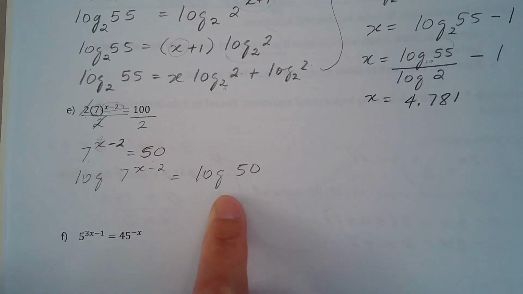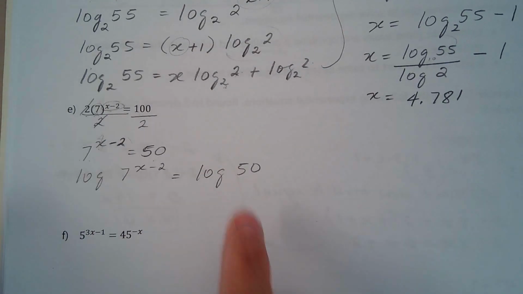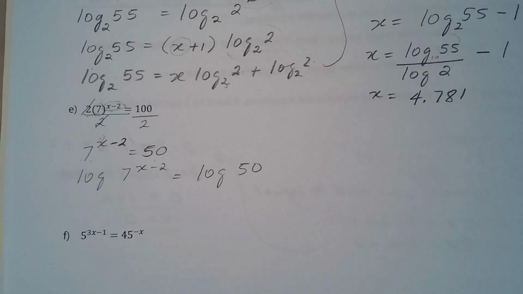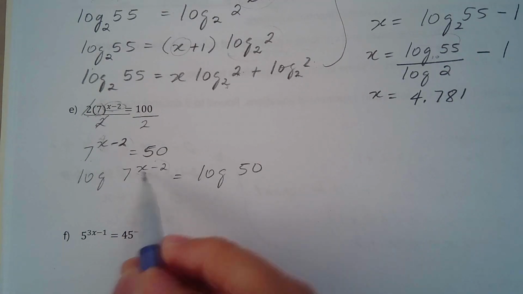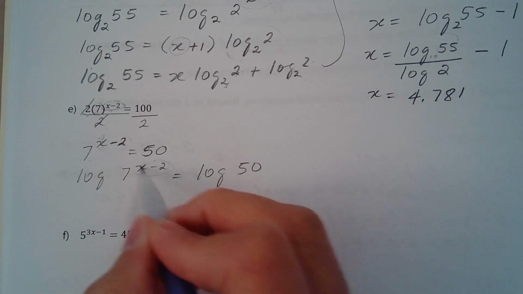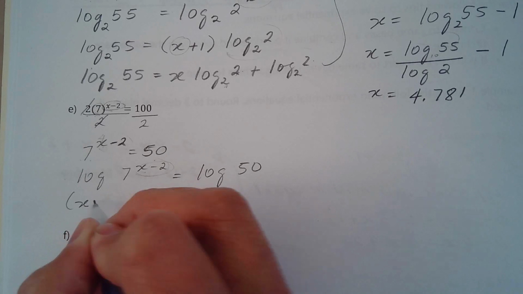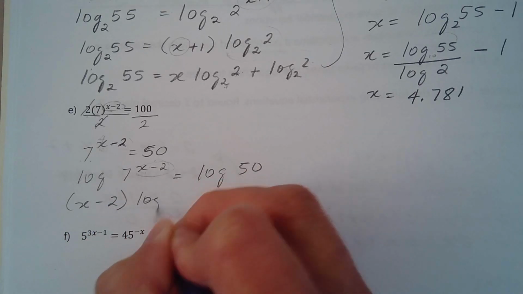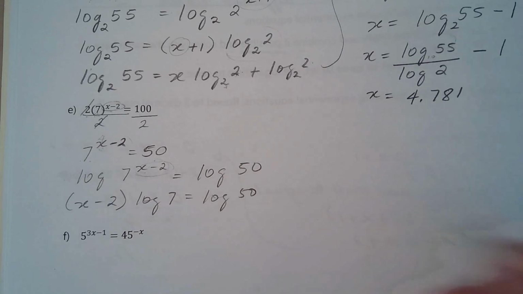If we take the log of that, then we don't have to worry about changing the base later. It's right now log with the base 10. So apply the logarithm rule. This exponent will go to the front. So this becomes x minus 2 times log 7 equals log 50.